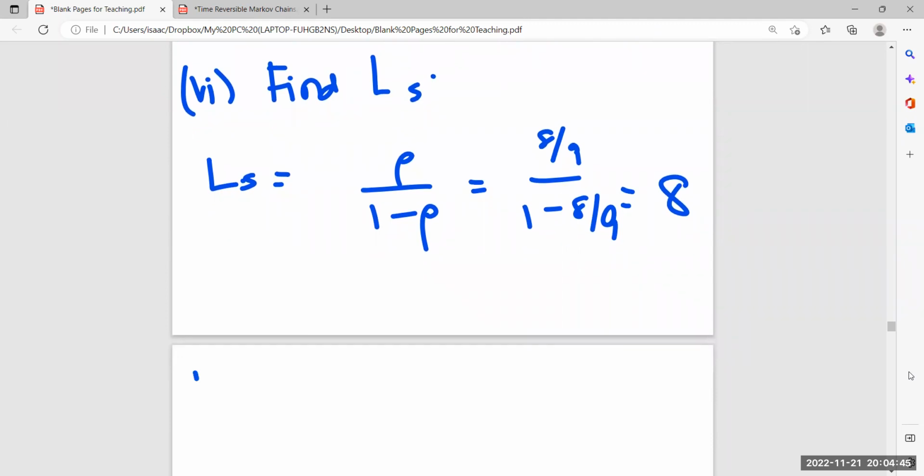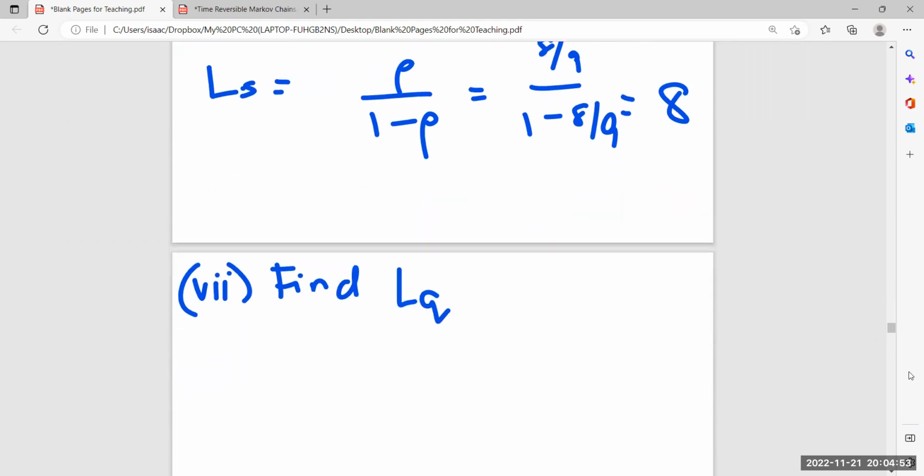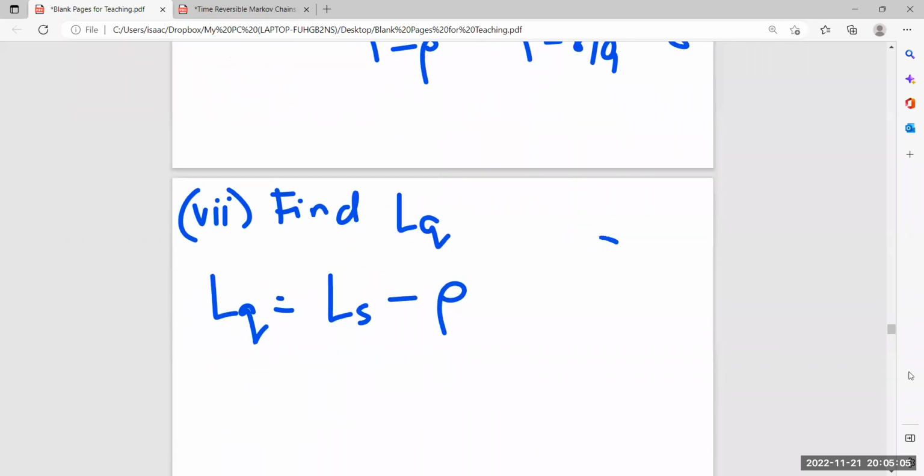Let's work out LQ. We said that LQ was equal to LS minus lambda over mu, which is rho. Remember that rho is lambda over mu.